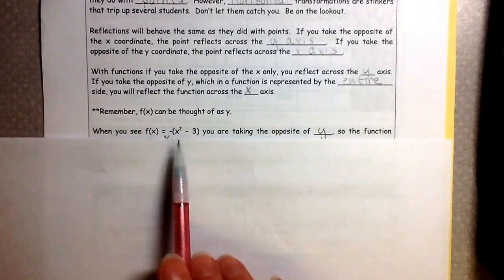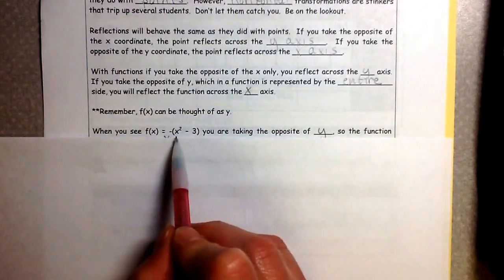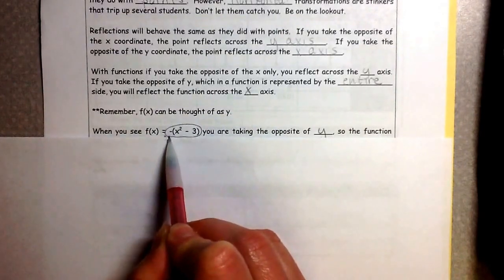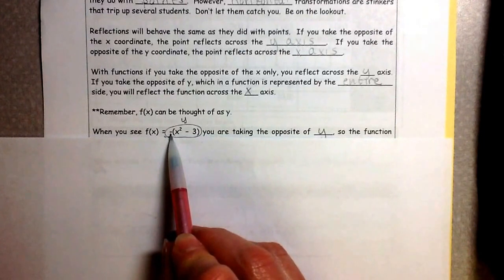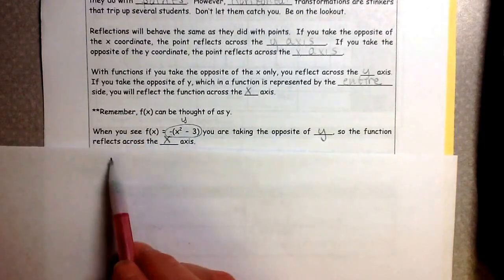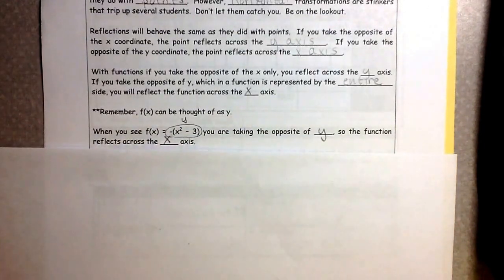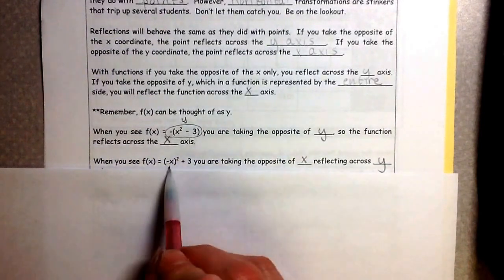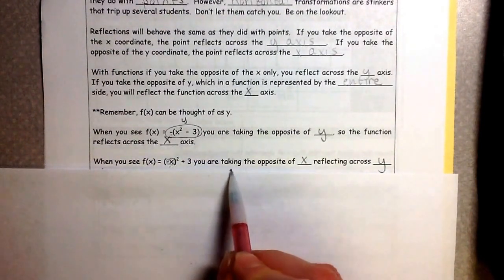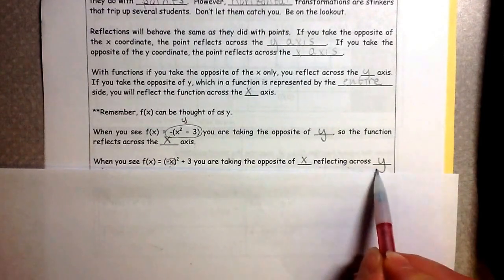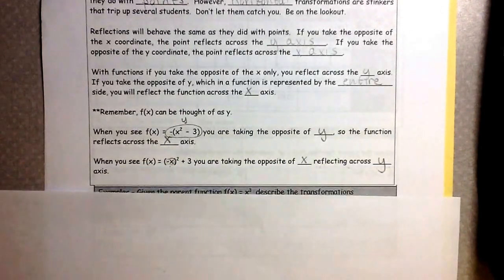So when you see this whole side, it represents y. So basically we're taking the opposite of y, so the function reflects across the x-axis, which is different than this. This is just the opposite of x. So if we're taking the opposite of x, we're going to reflect across the y-axis.